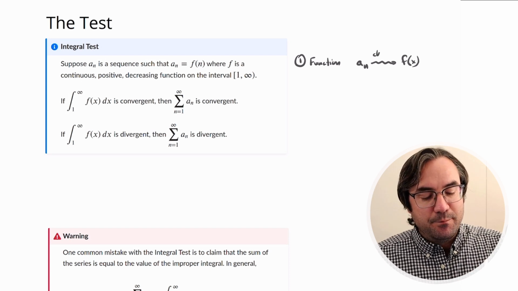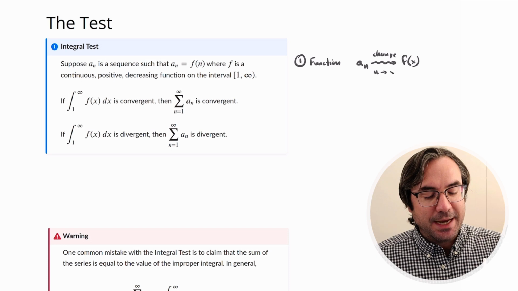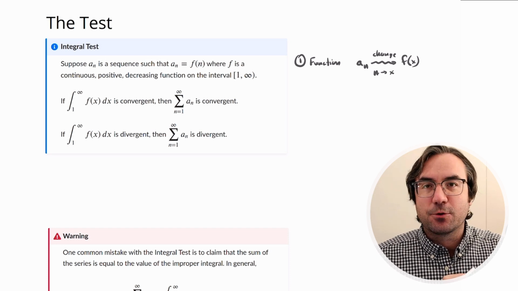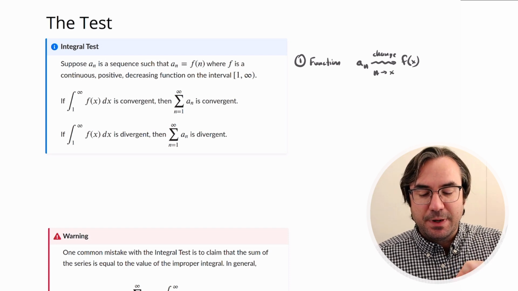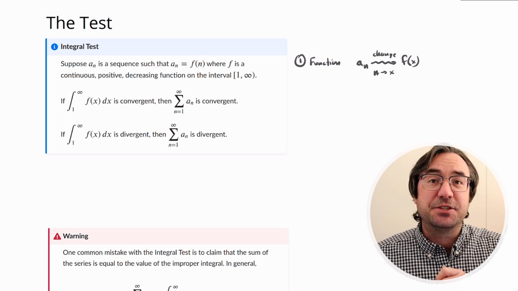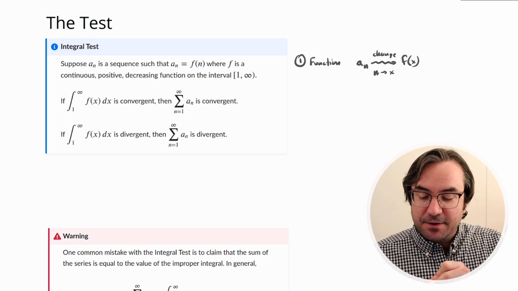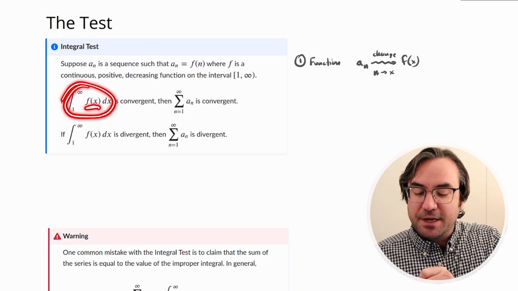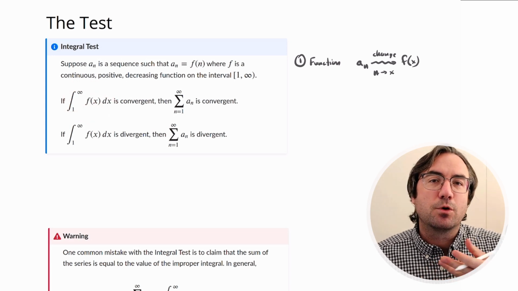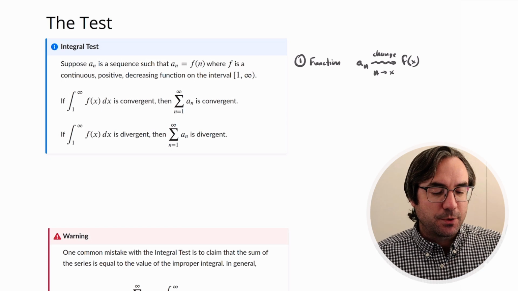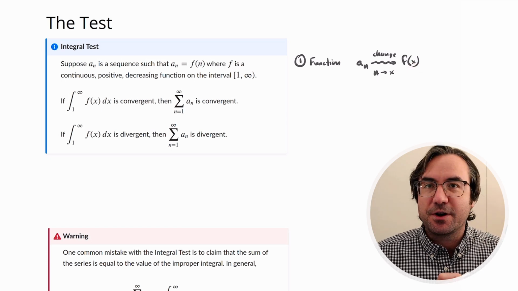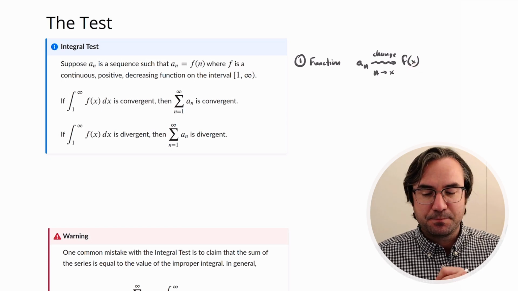So basically what we're going to do is change the n's to x's to get a real variable function. Remember, n is the discrete case where we have just specific integers, and when we deal with improper integrals in calculus, we want real numbers. So we're going to change any of the n variables to x variables.